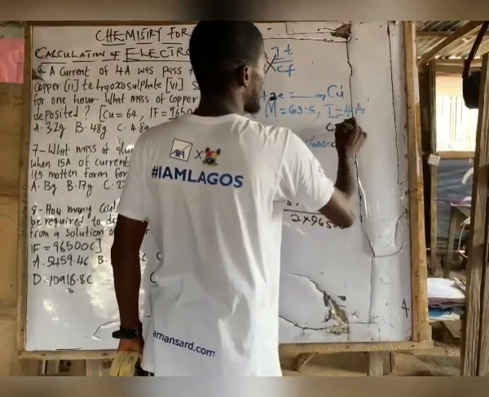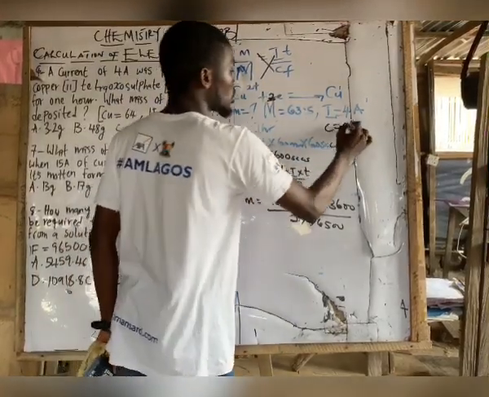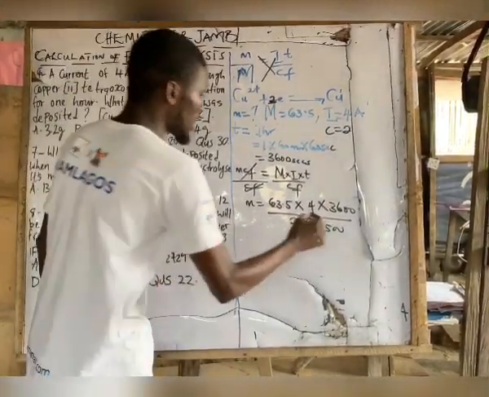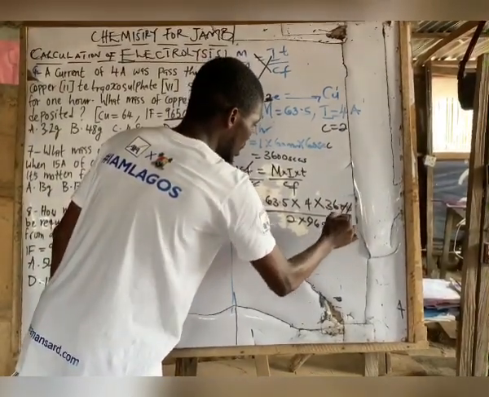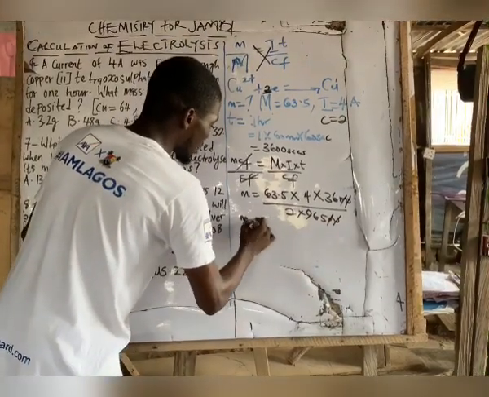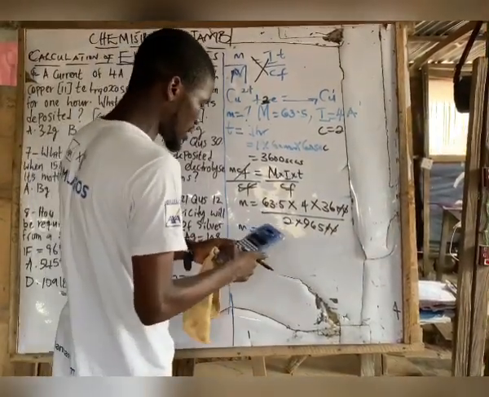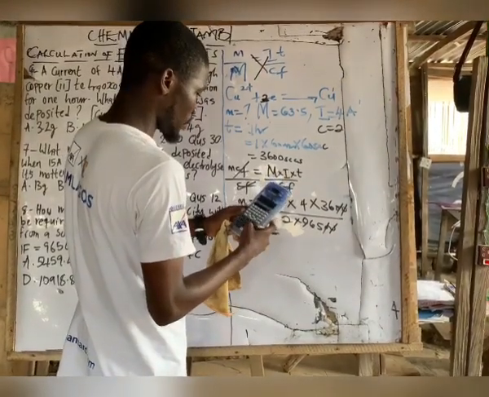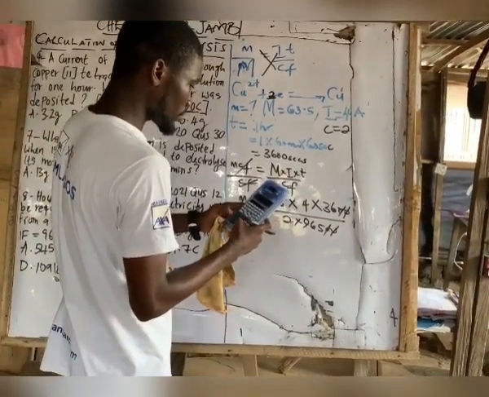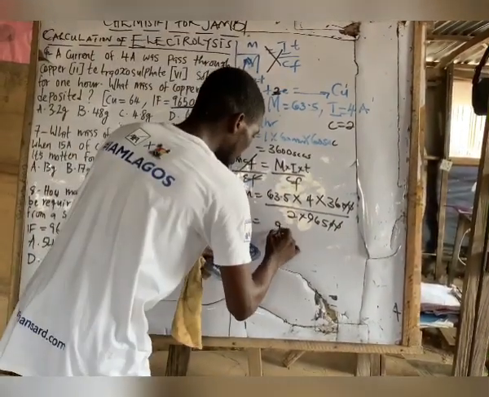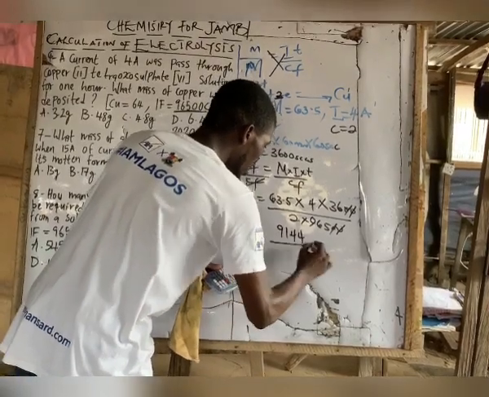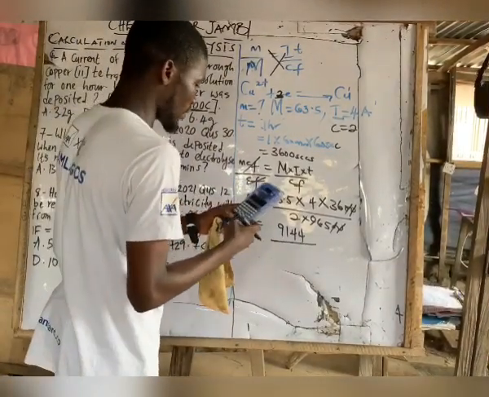Don't forget I said our C is always the charge, which is 2. So with this now, this cancels this cancels this. So you are going to multiply the numerator and divide with the denominator. So with that, it says 63.5, so we have 9144, so 2 times 965.